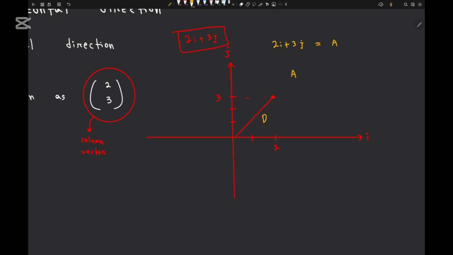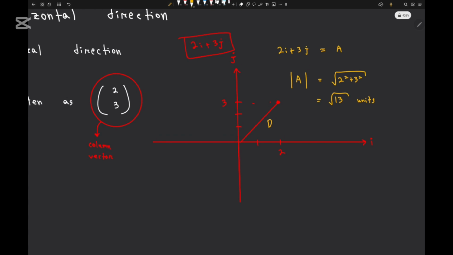In order to find out the length of this vector, you need to perform the modulus function. So the modulus can be written as root over 2 squared plus 3 squared. So this is root 13 units. So this is the length of this vector.